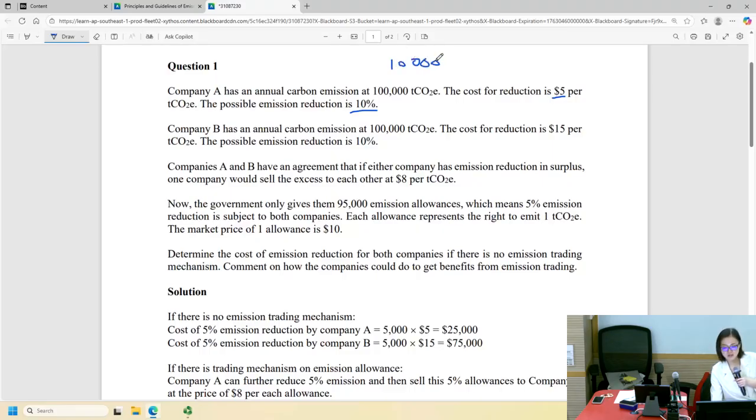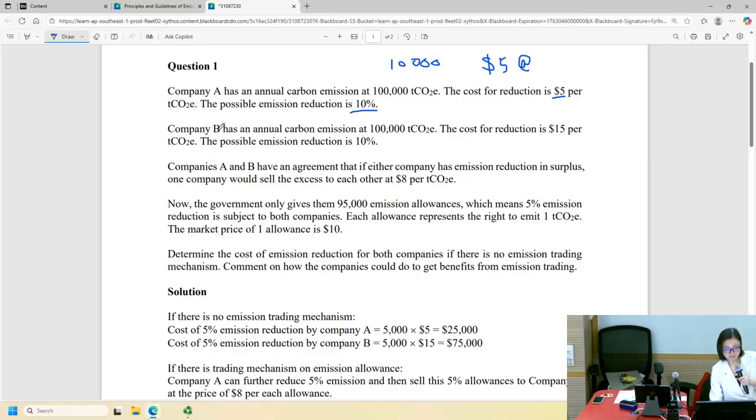Okay, this is already the maximum. They can reduce as much as 10,000 tons of carbon dioxide equivalent at a charge of $5 for each ton. Okay, this is their reduction cost.